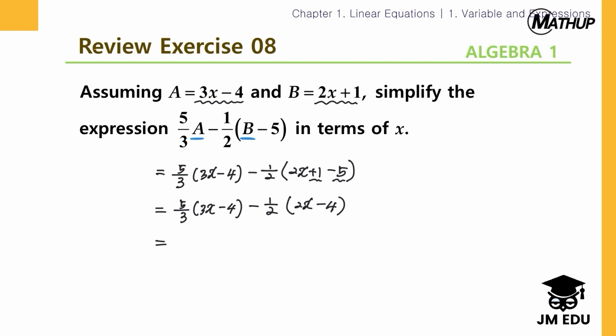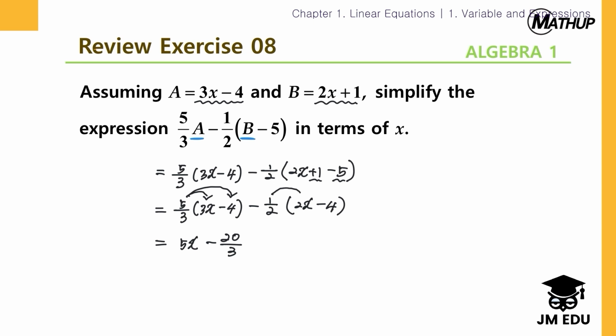So now we're going to distribute, right? And we're going to expand this expression right here. So 5 over 3 times 3x, the 3 cancels out, right? So 5x. So 5 over 3 times minus 4, that's minus 20 over 3.